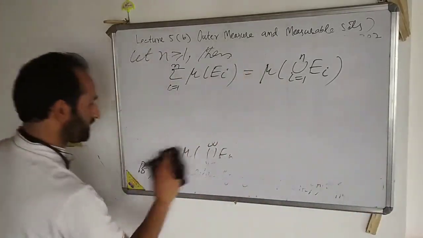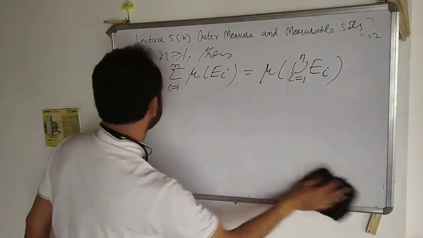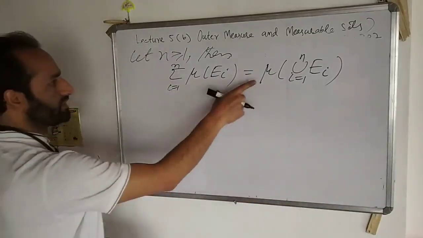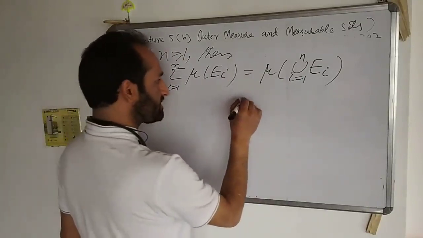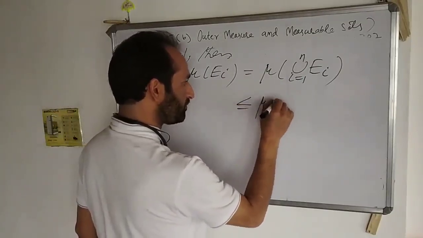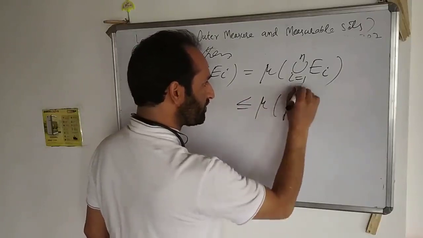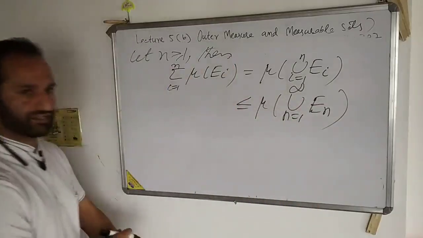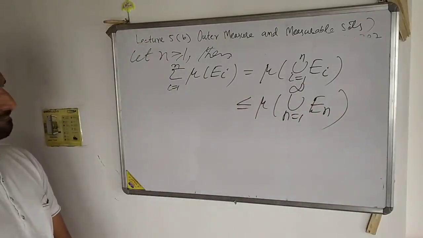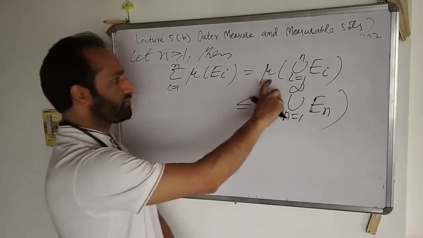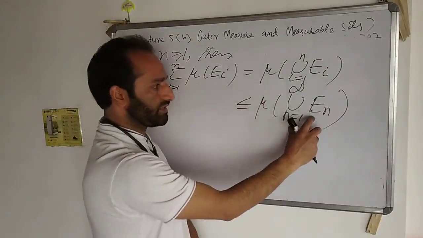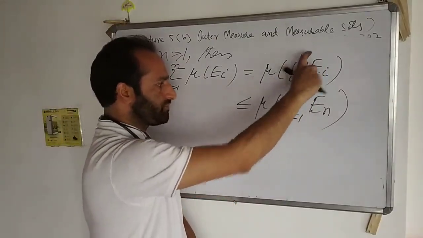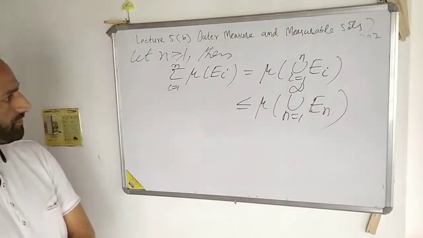It's already proved, I think in the previous lecture, for a finite union. This holds, and this is less or equal to mu of the infinite union, because mu is monotone. The finite union is a subset of the infinite union, so mu of the finite union will be less or equal to mu of the infinite union.